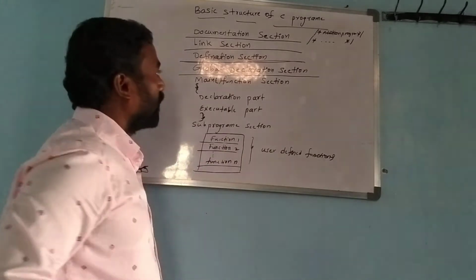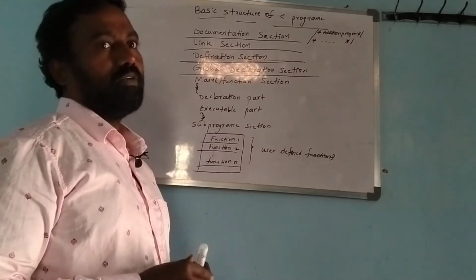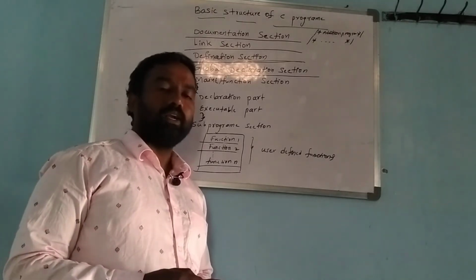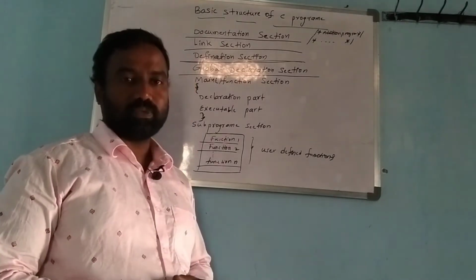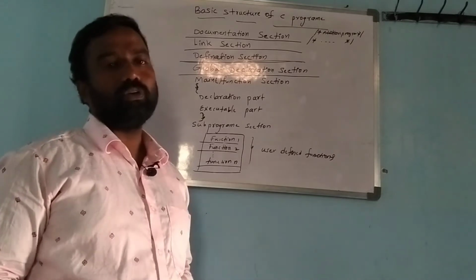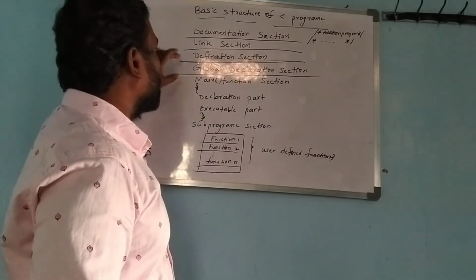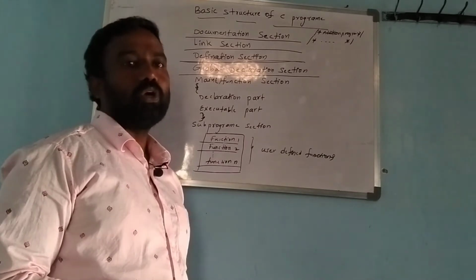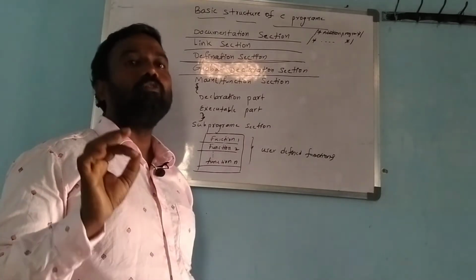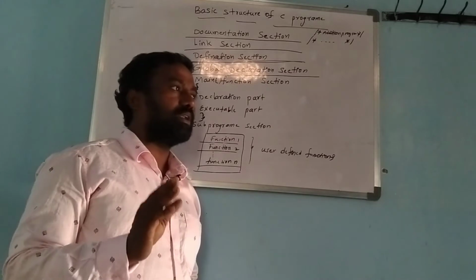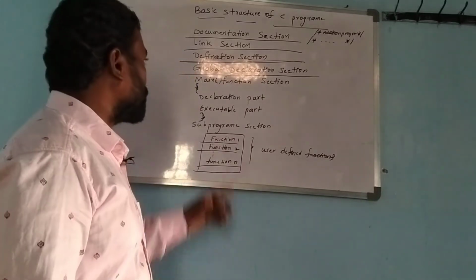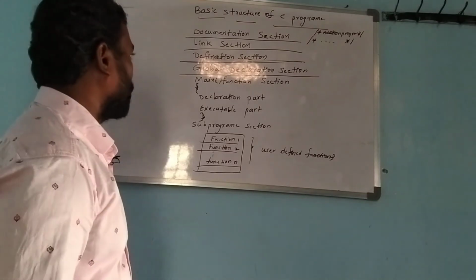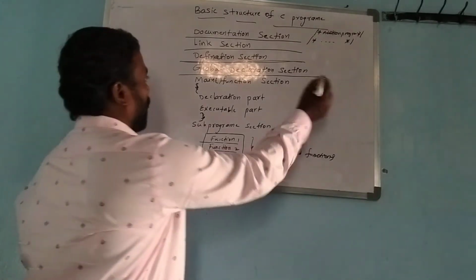What is the difference between local variable and global variable? We discuss that when we cover the variable topic. This global declaration section is mainly used to declare the global variables. So this is the global variable declaration part.